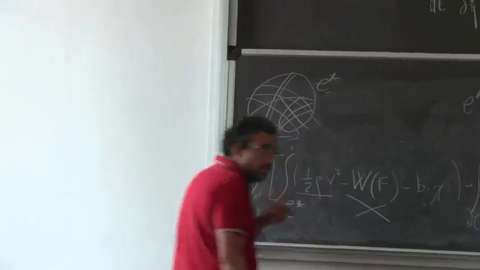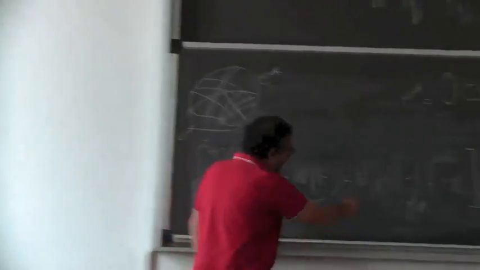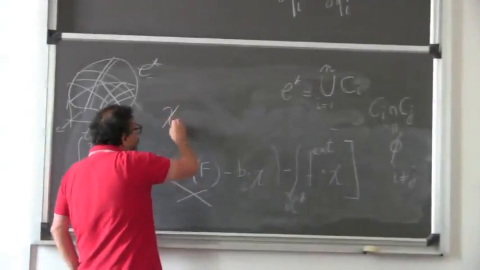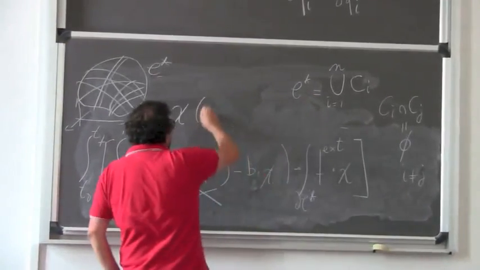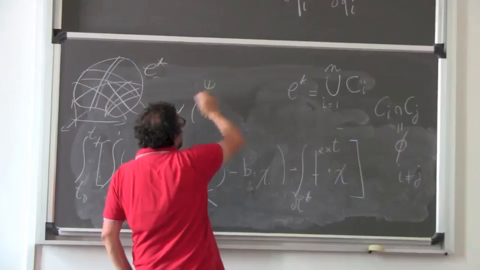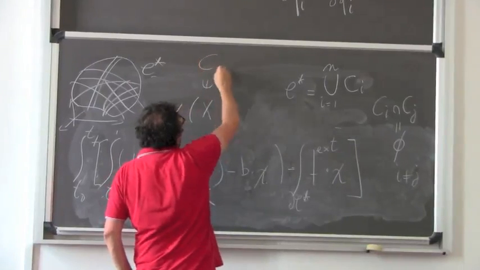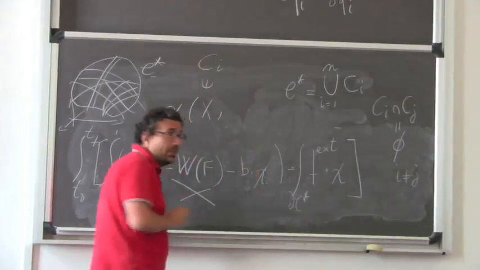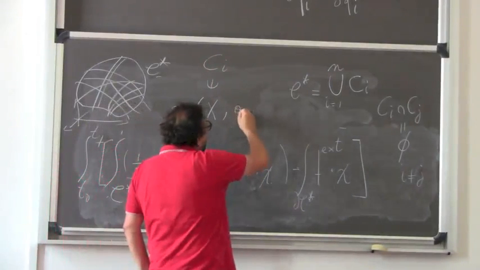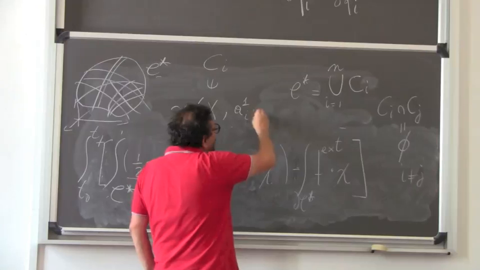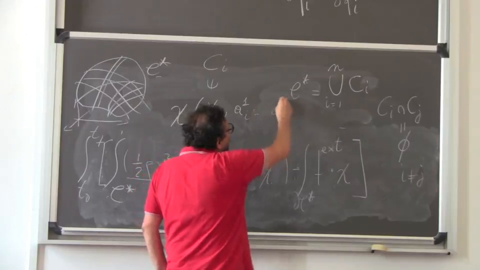Then what do you do? You assume that the unknown function k, when x belongs to Ci, is given in terms of a1i, dot, aki.